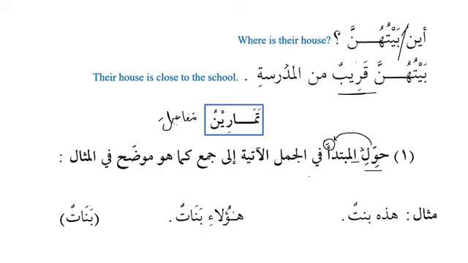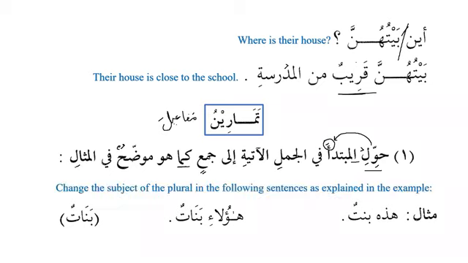حول المبتدأ في الجمل الآتية, in the following sentences, إلى جمع, to plural. كما, as, هو موضح, as it is explained, في المثال, in the example. So what we have to do now is change the subject into the plural in the following sentences as explained in the example.